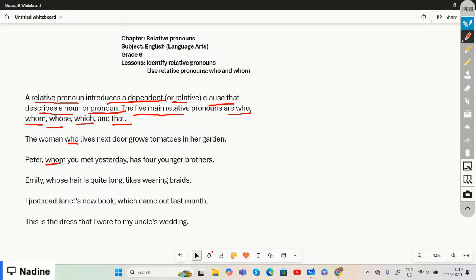Now the next one says, Emily, whose hair is quite long, likes wearing braids. So whose there, because whose hair are we talking about? We're talking about Emily's hair.